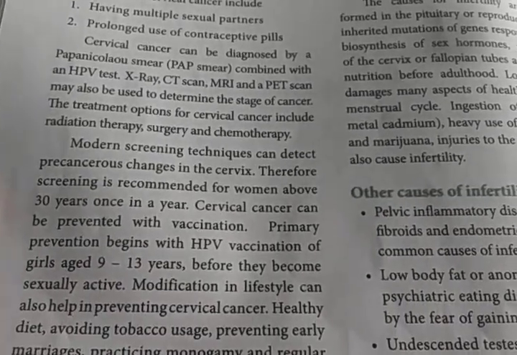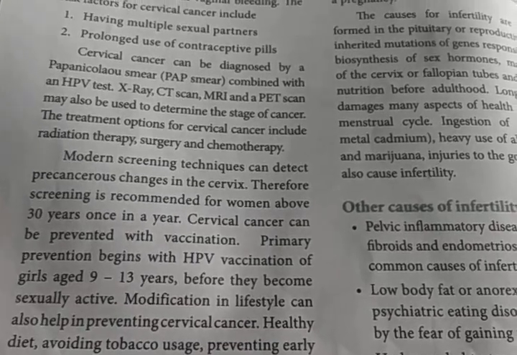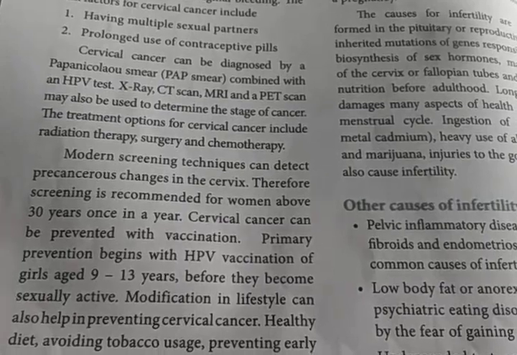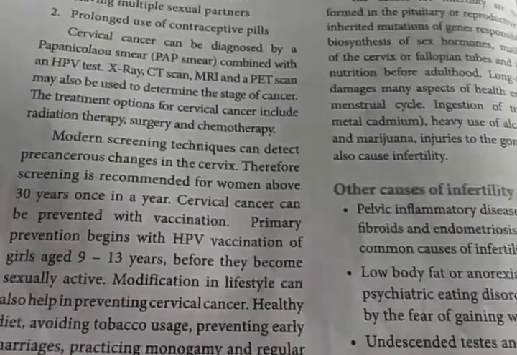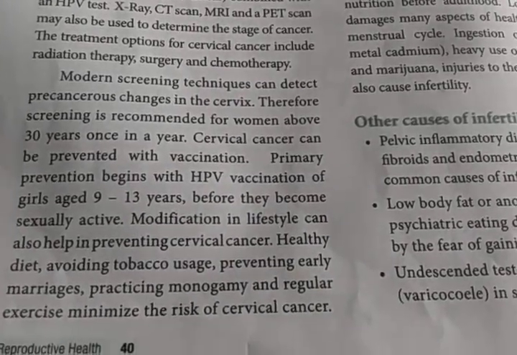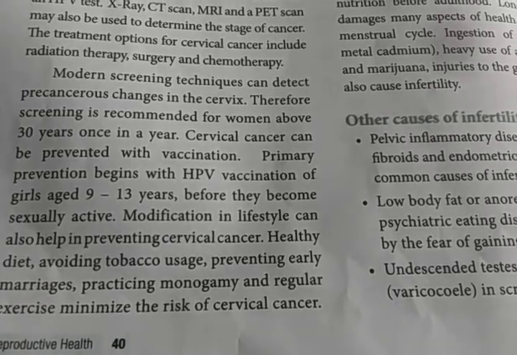Then the treatment options for cervical cancer include radiation therapy, surgery or chemotherapy. We can cure it with chemotherapy using medicines, through surgery to remove it, or by applying rays in radiation therapy. Then modern screening techniques can detect precancerous changes in the cervix.